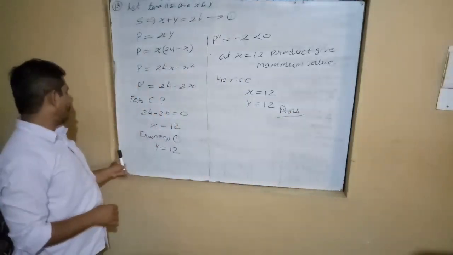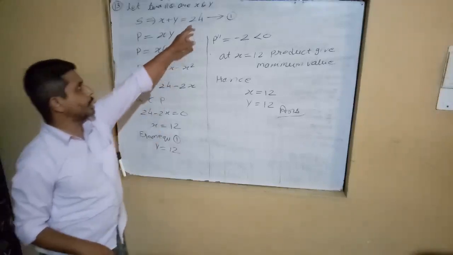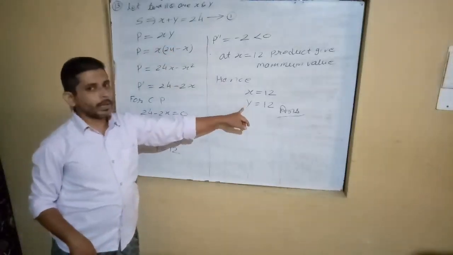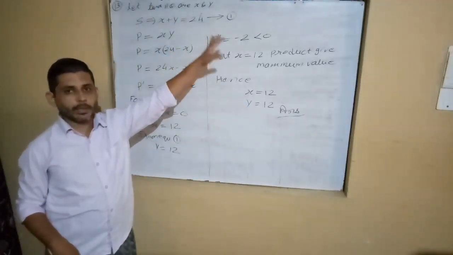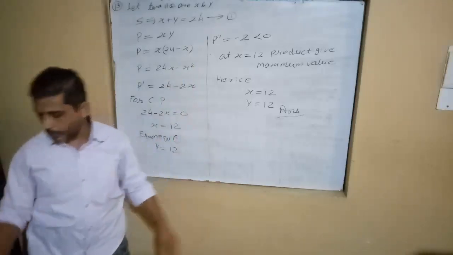So 12 into 12 is 144 and 12 plus 12 is 24, where the product is as large as possible. इससे बड़ा product आपको नहीं मिल सकता.